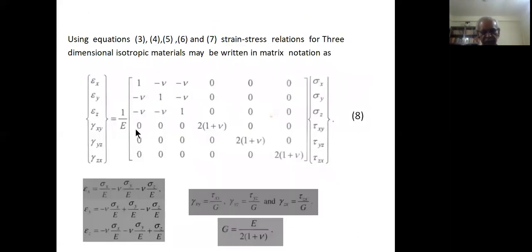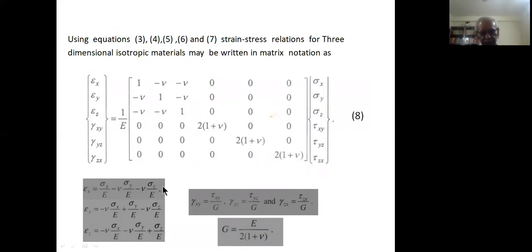So this is how we can relate the constitutive equation 2 to our simple analysis. And this is the constitutive equation of strain to stress. But if you want to find the equation for stress to strain, then you have to convert this equation in terms of sigma x. That means write sigma x, sigma y, sigma z in terms of epsilon x, epsilon y, epsilon z.